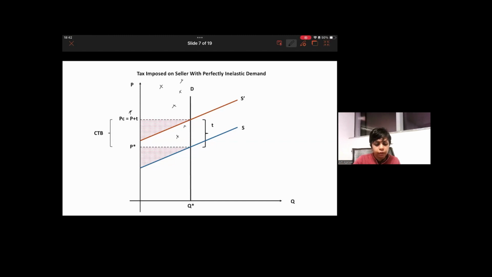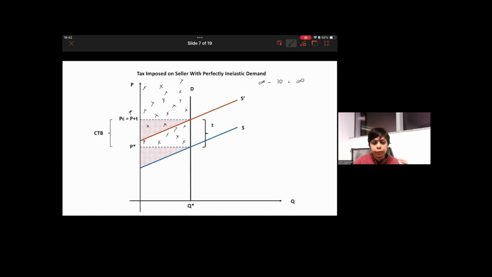till infinity. And why is that? Because the person is willing to pay an infinite amount of money for that good. If you're willing to pay an infinite amount of money and you get that item for 1,000 rupees, your consumer surplus is infinite, right? Infinity minus 10 is still infinity, right?